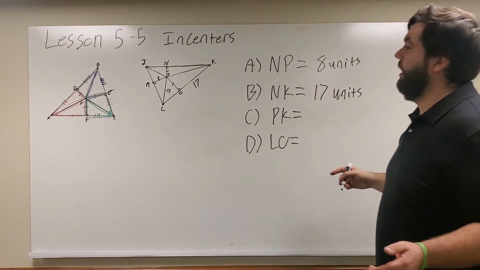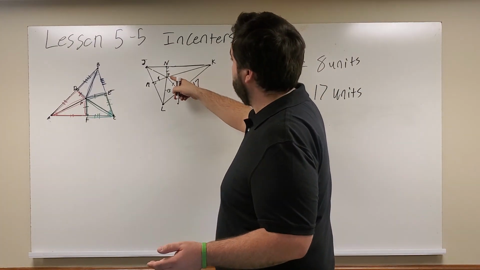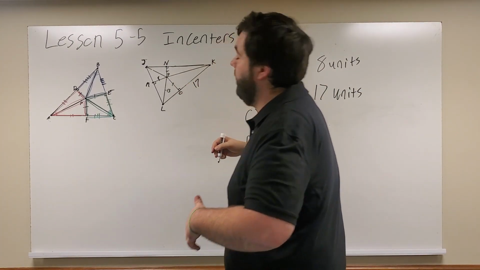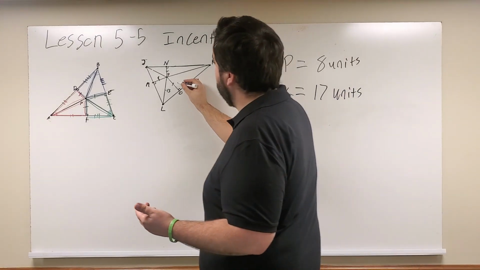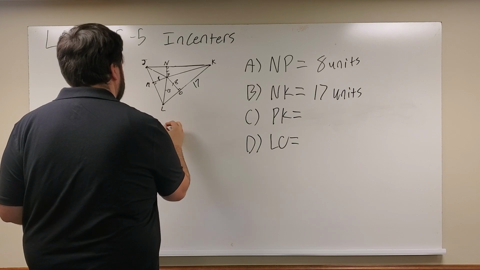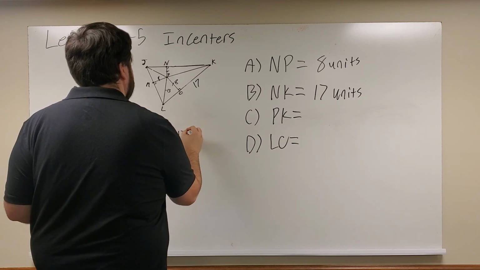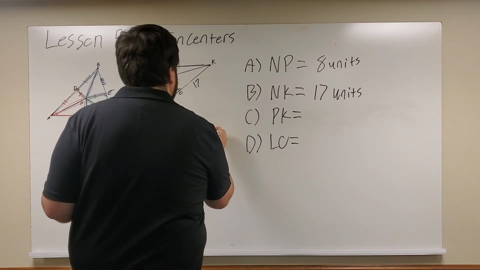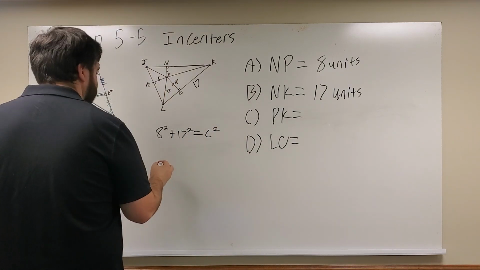On to PK. All right, PK. So now we actually have to do a little bit of math because we have, yet again, the Pythagorean theorem. So we have 8 squared plus 17 squared is equal to C squared.